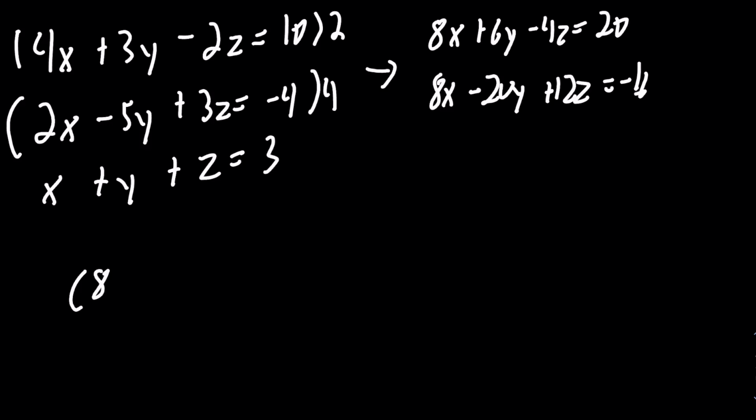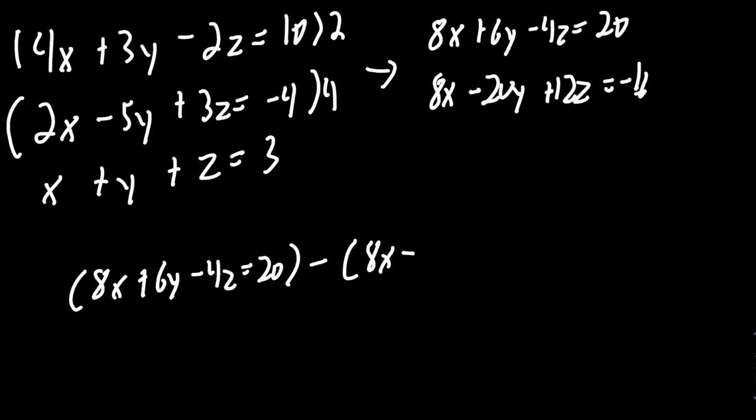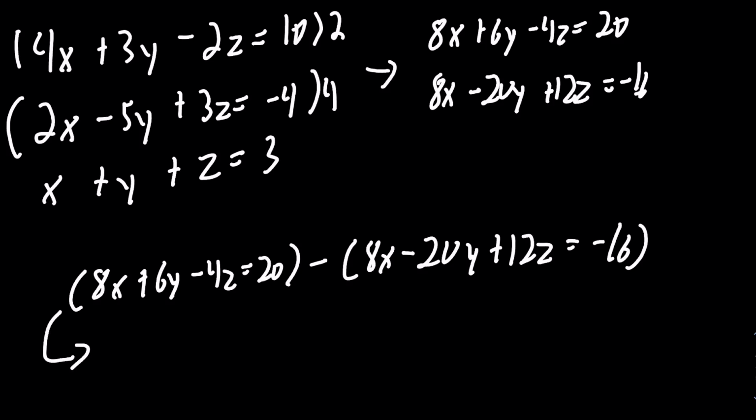So we have 8x plus 6y minus 4z equals 20 minus 8x minus 20y plus 12z equals negative 16. As a result, this difference becomes 26y minus 16z equals 36.